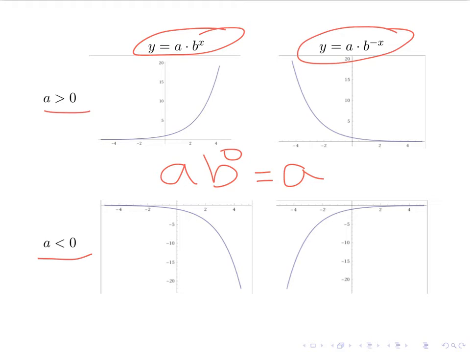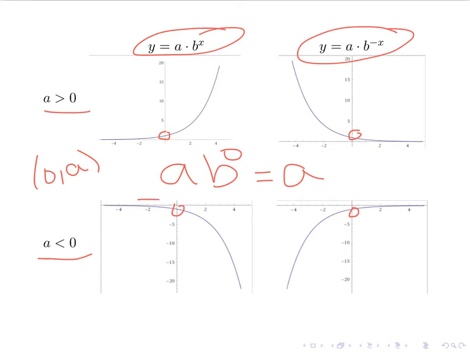So if I take my exponential, before it went through 0, 1, but now I'm multiplying it by a, and they all go through the point 0, a. Notice in the top row, my a is positive. In the bottom row, my a is negative. It's below the x-axis.